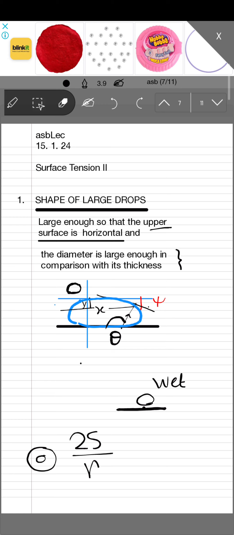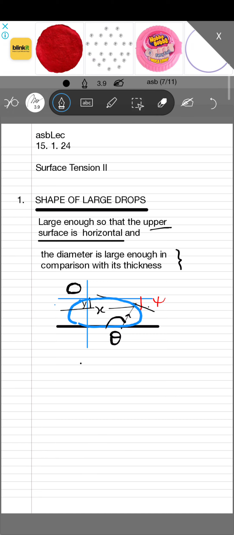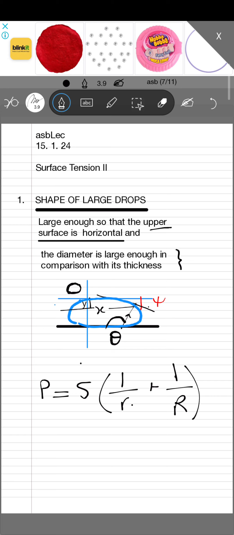So with the same notion, what we can say in this case is the inside pressure P is equal to S times (1 by R plus 1 by capital R), the radii of curvature.